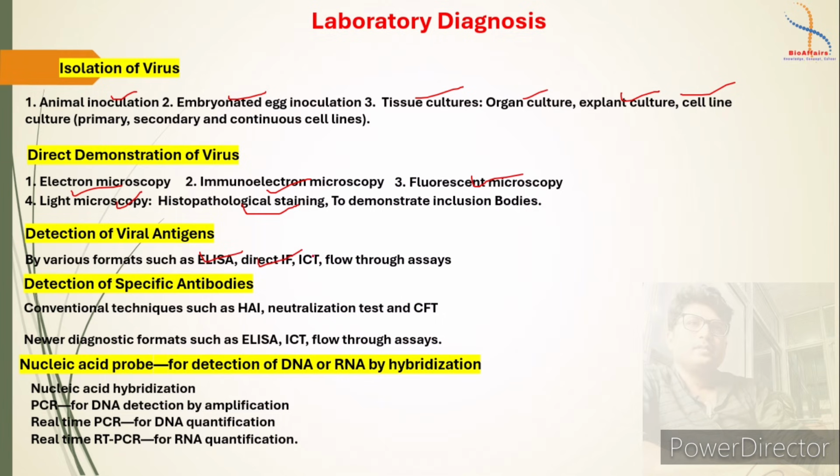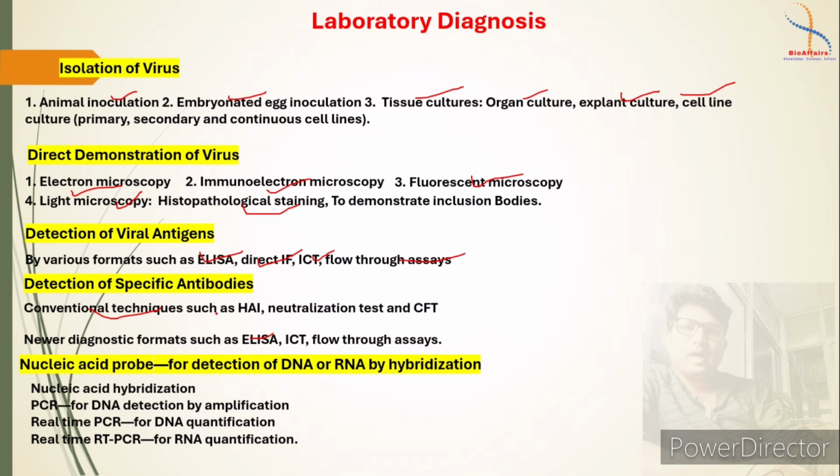Now detection of specific antibodies: conventional techniques such as HAI, neutralization test, and CFT. Newer diagnostic formats such as ELISA, ICT are given in both scenarios, but mostly ELISA, immunofluorescence, hemagglutination assay, and flow through assays are very important.